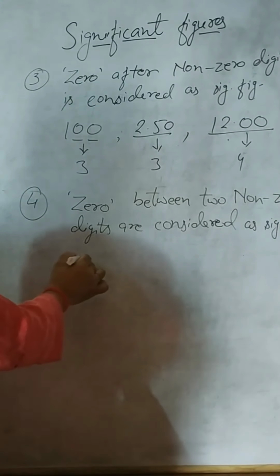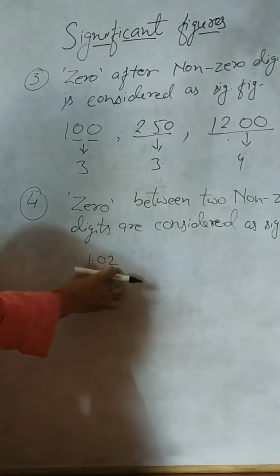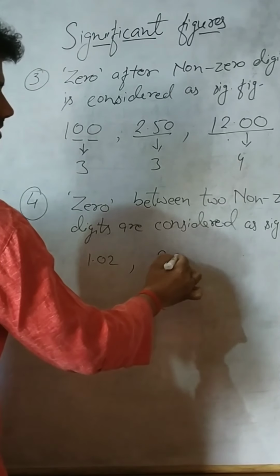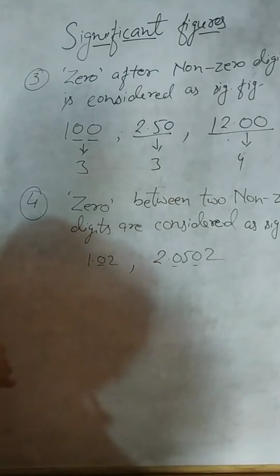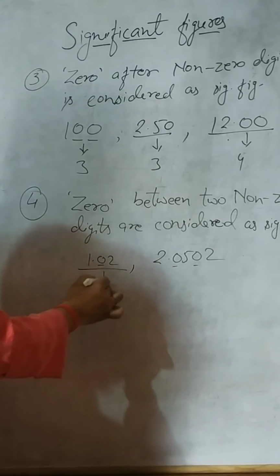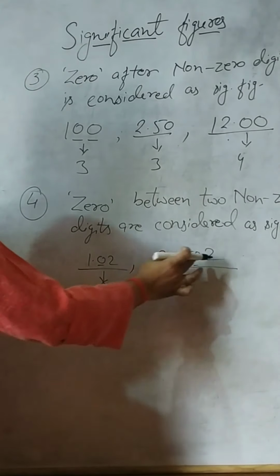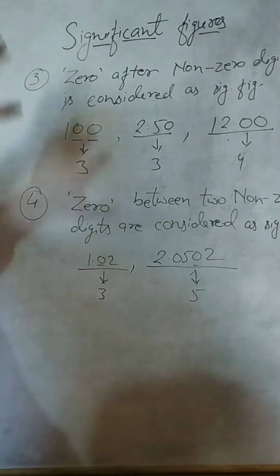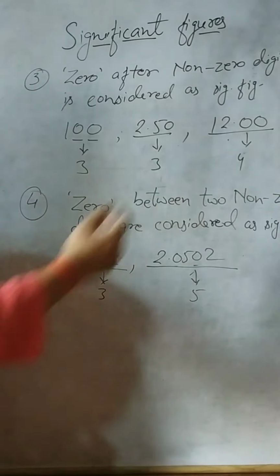For example, 1.02, where the zero is between two non-zero digits. Similarly, 2.0502. How many significant figures does it have? 1, 2, 3, 4, 5. All digits will be counted. Clear? These are the rules for calculating significant figures with zeros at different places.